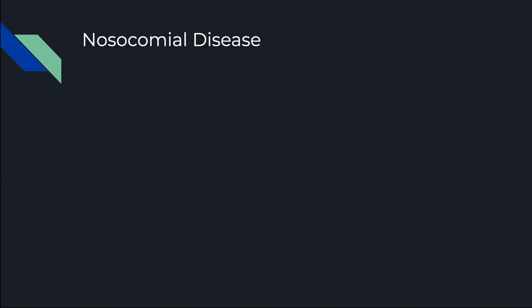So our next one is nosocomial disease. By a simple definition, it is just a disease acquired in a hospital. It's very different from iatrogenic disease, which I mentioned earlier, because sometimes if you're sick, it's the hospital's fault.